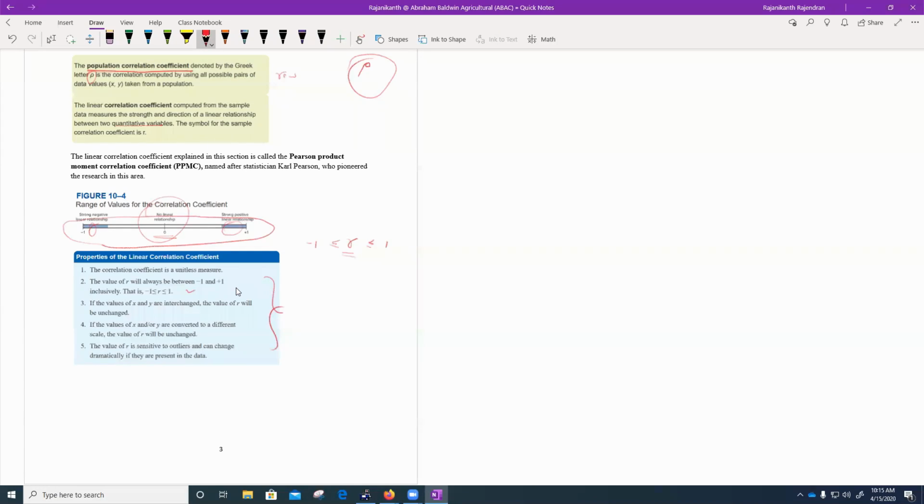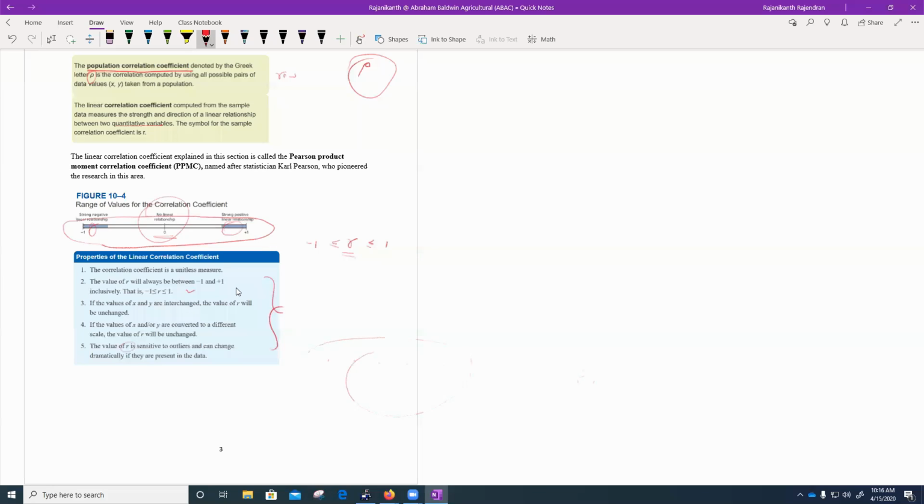That means again your r will be unchanged, the same value. Okay. This value r, the correlation coefficient, is very much sensitive to outliers, right? Outliers means what? If we are given so many data points, and one data point is far away from some other points, then this is an outlier, right?